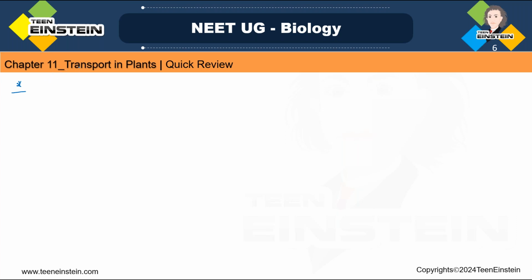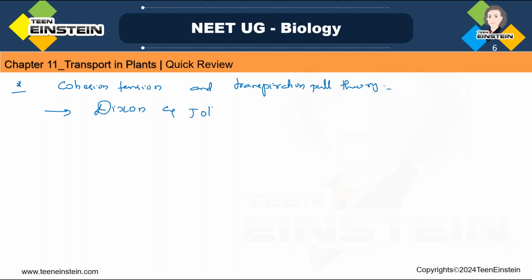Cohesion tension and transpiration pull theory. So first, I need to mention this was proposed by Dixon and Joly in 1894. Okay, this is one previous year question. Cohesion tension and transpiration pull theory was proposed by Dixon and Joly in 1894.